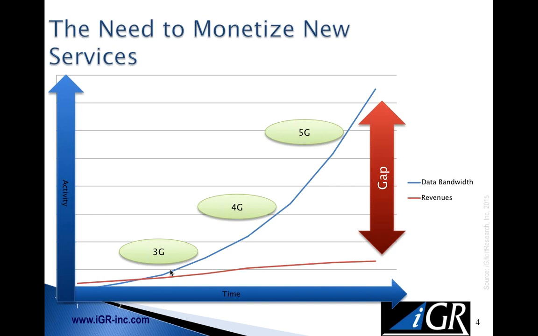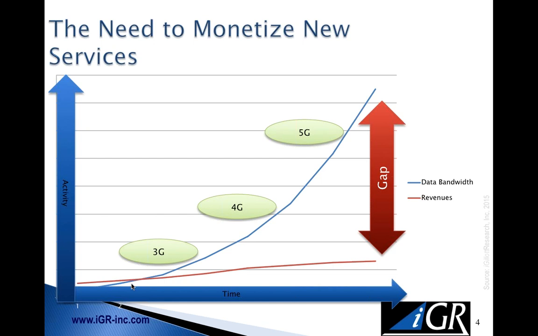So the main operator drive here is that we've got to monetize some of these new services. If you look back in time, over the last 20 years, and actually back even to 3G, when we were a voice-centric industry, every additional minute of voice we used on our phones resulted in an additional dollar of revenue, or euro, or pound, or whatever you want to use.